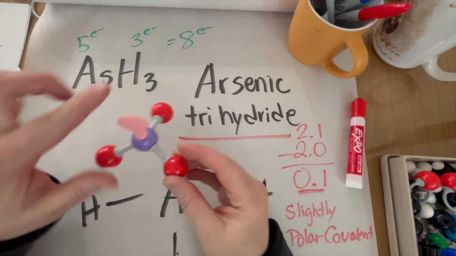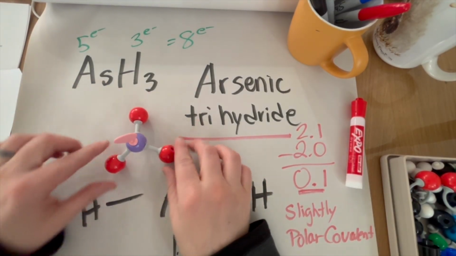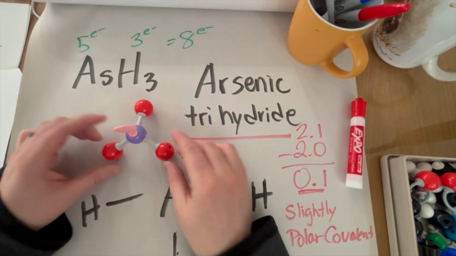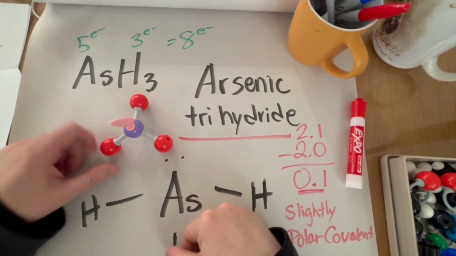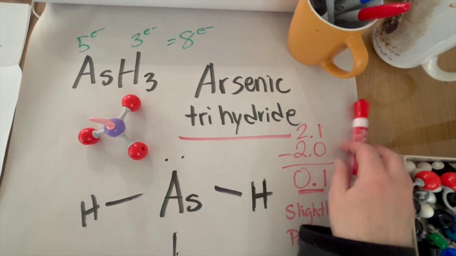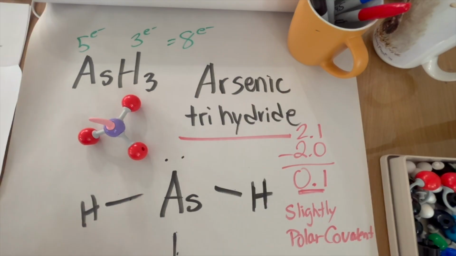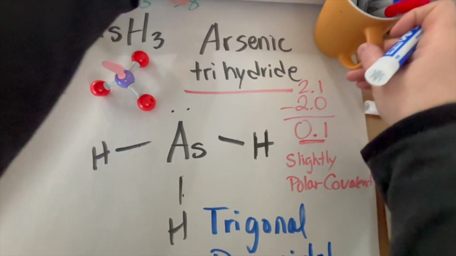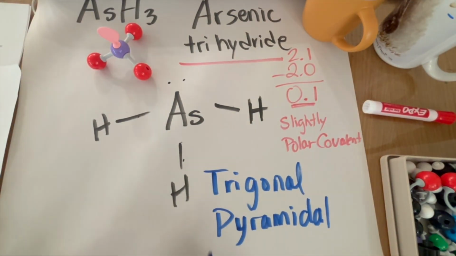So the lone pair is going to be pushing the other 3 out of a planar arrangement so that they can't be trigonal planar, and that's going to create the trigonal pyramid shape. So let me use a different color here. Trigonal pyramidal. And you guys can't see what I just wrote. There we go, trigonal pyramidal shape.